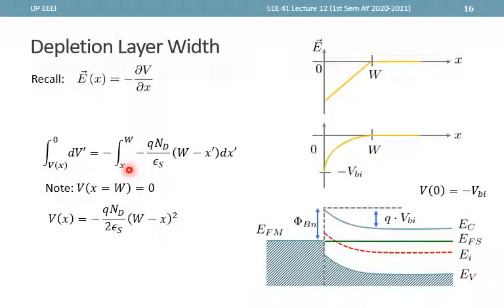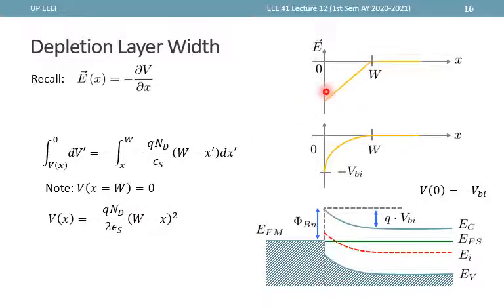So performing the integral, at this point we can actually have 0 minus V(x) is equal to some positive integral, although this one is actually manipulated already to isolate only V(x). Okay, and we get this expression right here where we expect that the result must be quadratic since the electric field is linear.